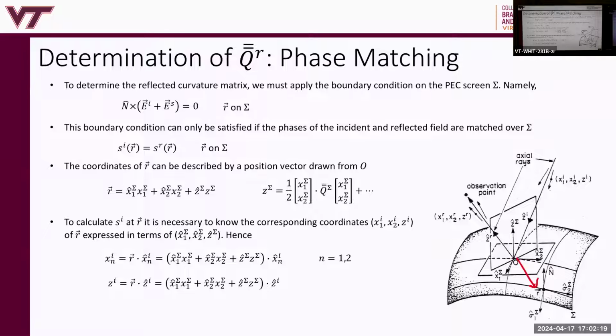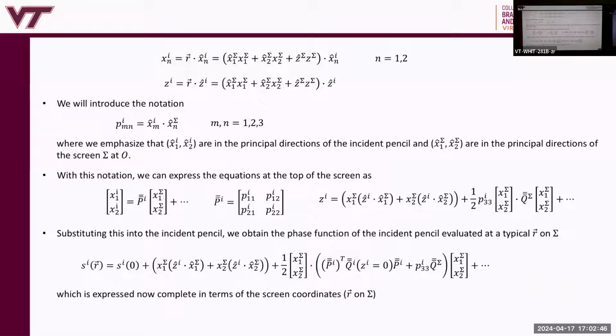This vector in terms of the incident pencil coordinates x2 incident, x1 incident. What is this vector in terms of this coordinate system? Okay. So we got these expressions, right?